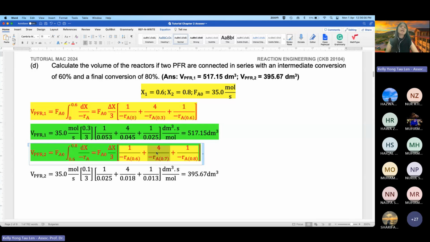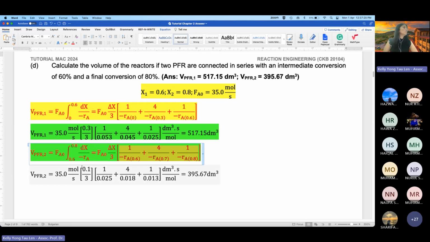Okay, again I repeat, when I put 0.7 here is to inform that it is minus RA at my x 0.7. It's not multiplied by 0.7. Okay, right. So all these values you can check back the table. The values are provided by the table, so it's not a problem for you to find the value.